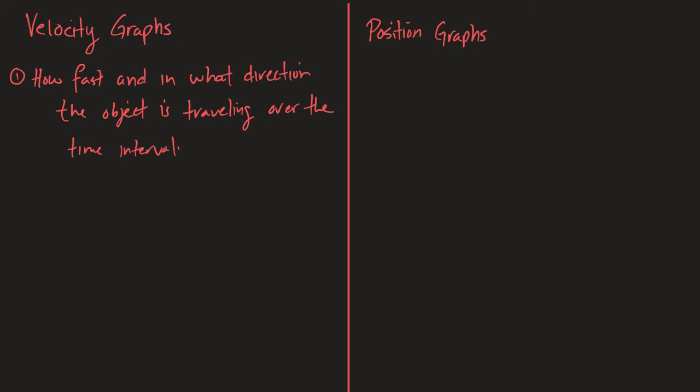Now, that's just a definition of what the graph shows you. That might not be very much. We know, in addition to this, that the area under the curve, the area bounded by the curve and the horizontal axis, represents the displacement of the object.